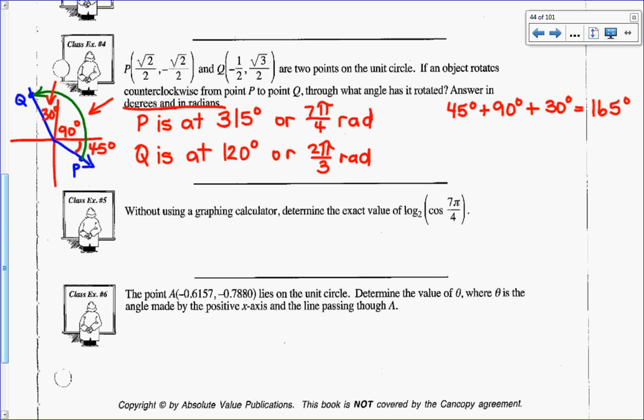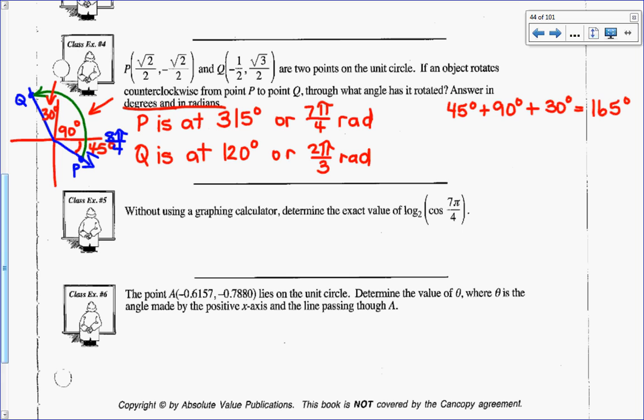Now if I had to do it in rads, let's see if we could figure it out in rads. Well, I know that this is 7 pi over 4, where P is. So if I've divided my unit circle into fourths, and I've gone 7/4, I know that this one would actually be 8 pi over 4, right, which is 2 pi in lowest terms.